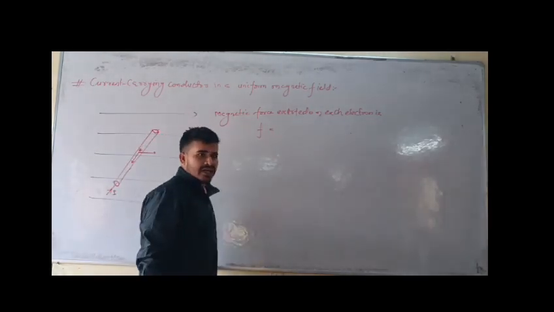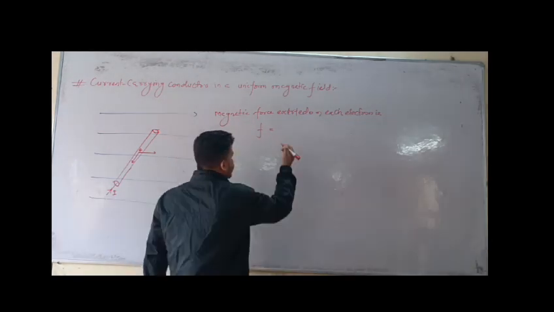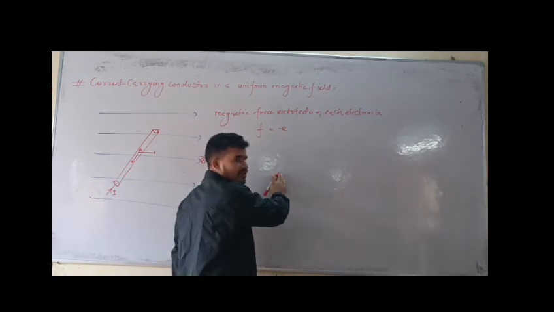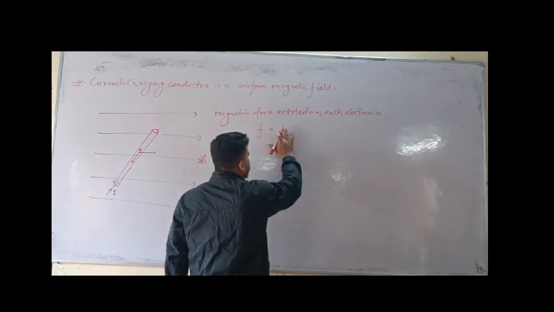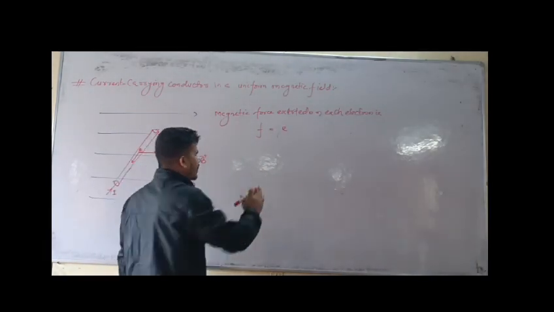You have the formula, na? What is this? Q V cross B. Is it a negative sign? Q is negative, no? So first calculate the magnetic force. You will get the direction, don't worry.